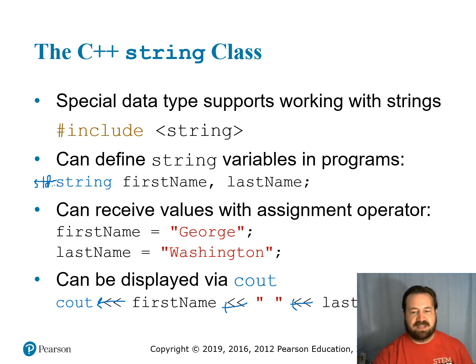Note that we put that string literal with the space in there. A lot of first-time programmers forget that there are spaces in English, and they would just put firstName, less than, lastName, and you'd get GeorgeWashington with no spaces in it. It's important when you make output statements that you remember where spaces and punctuation, commas, those sorts of things need to be.